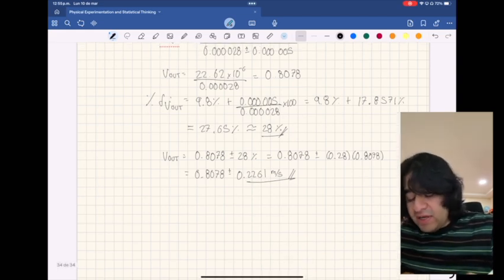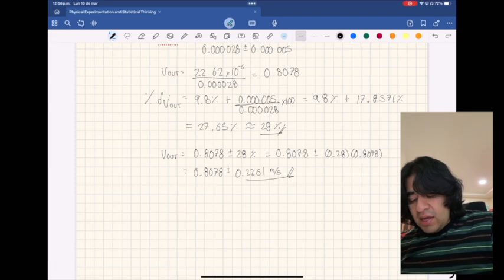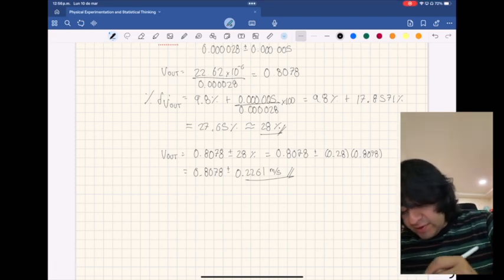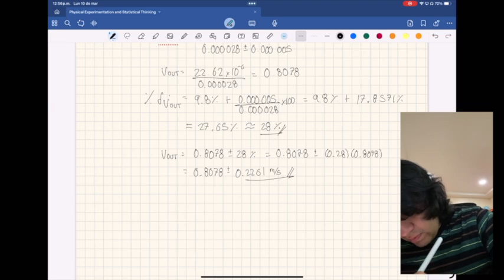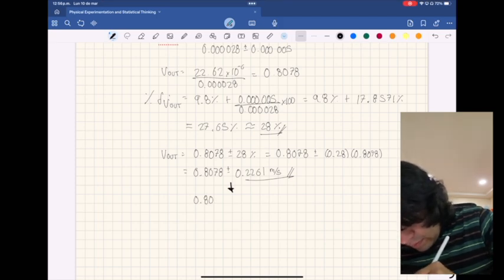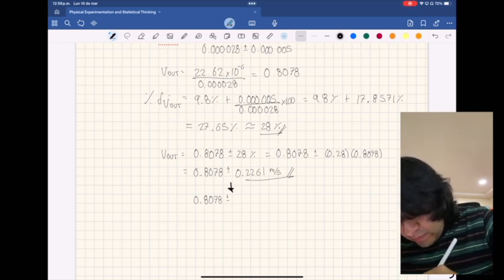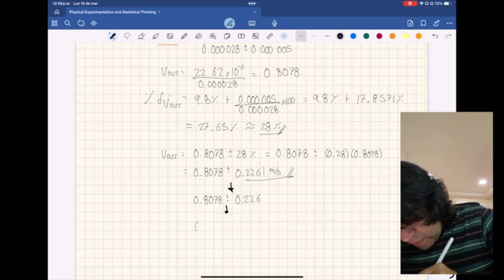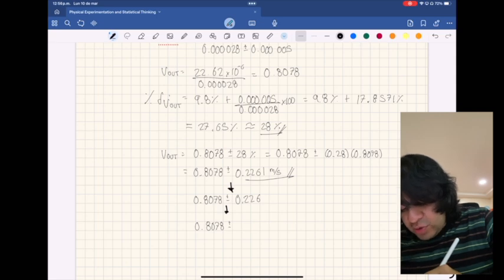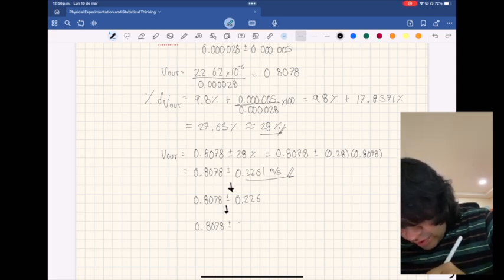Since this is our final result for the exam, we can now round our values. So .2261 becomes 0.226, 0.226 becomes 0.23.